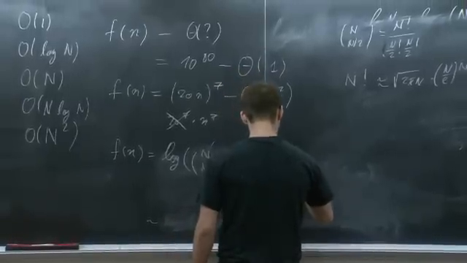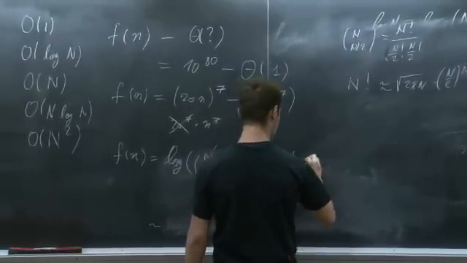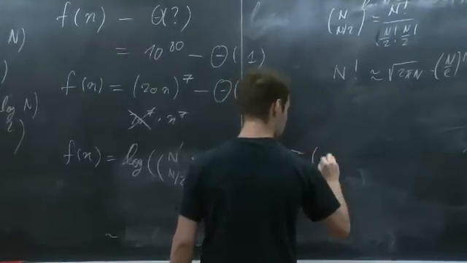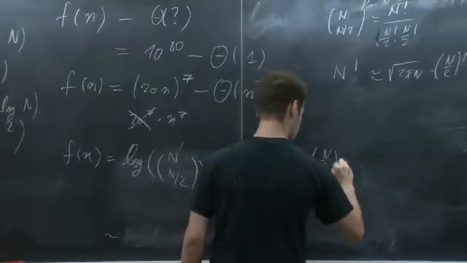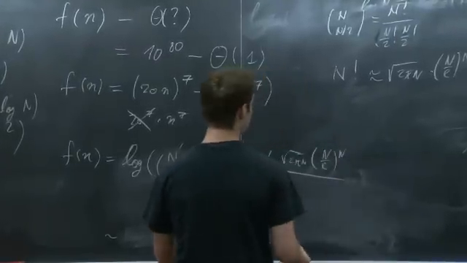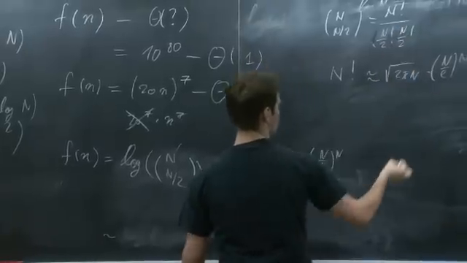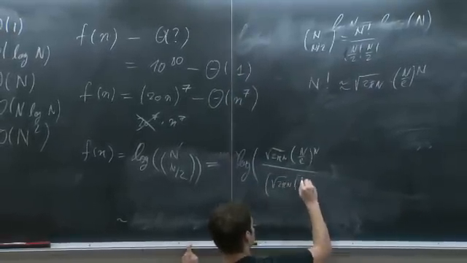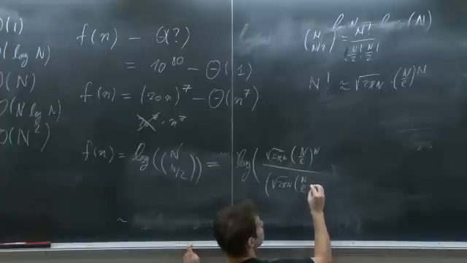Okay, so it's log of square root 2 pi n multiplied by n over e to the power of n. I'm going to put these two together. So 2 pi n over, there's an n over 2 there, right?